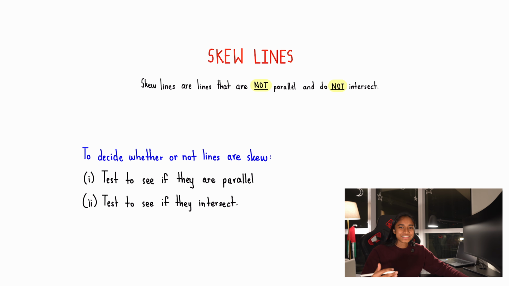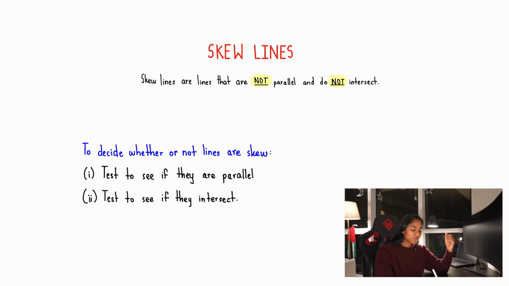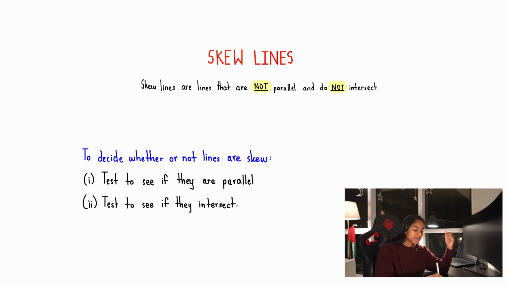And now we're going to learn about skew lines. So this is very simple because it incorporates the last two things that we've learned: if lines are parallel to each other or if they intersect. So skew lines are lines that are not parallel and they do not intersect.